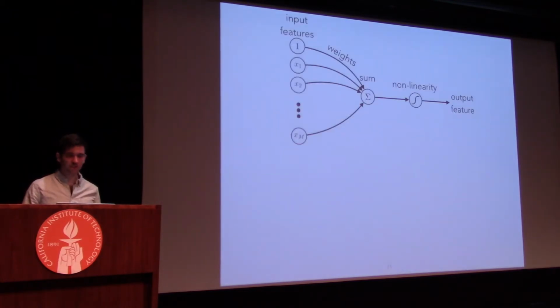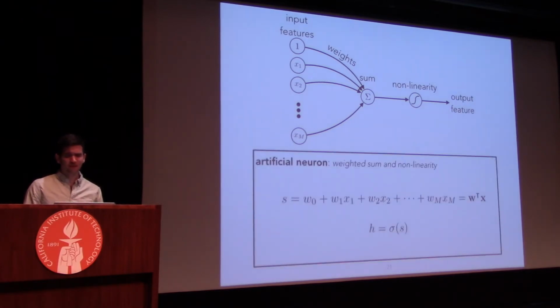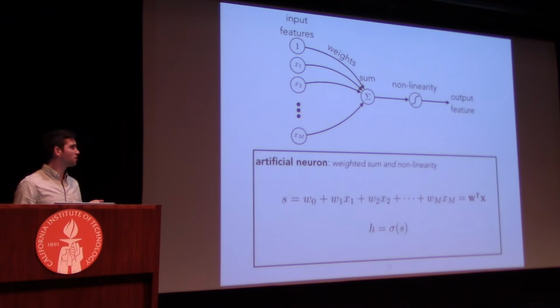So that's just getting the terminology out of the way. So how do these things actually work? Here's the math that describes what an artificial neuron is trying to do. You have a summation, let's call it S, and that is the weighted summation of all of your inputs.